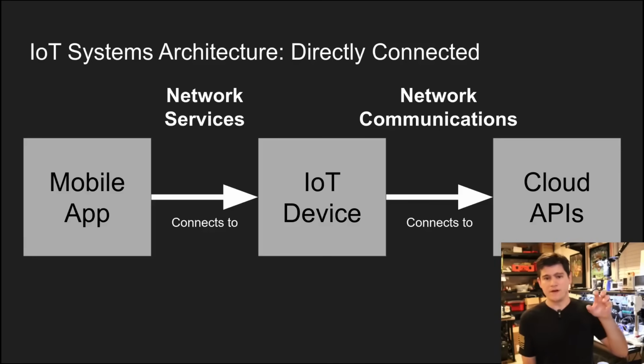And so you will potentially still have mobile applications, desktop applications, and other types of apps that will connect to that IoT device, like we saw before. That is similar to the weakly connected architecture. But in this architecture, the IoT device itself can also communicate out to cloud servers directly, without a proxy system implemented in a mobile app or some other kind of application.